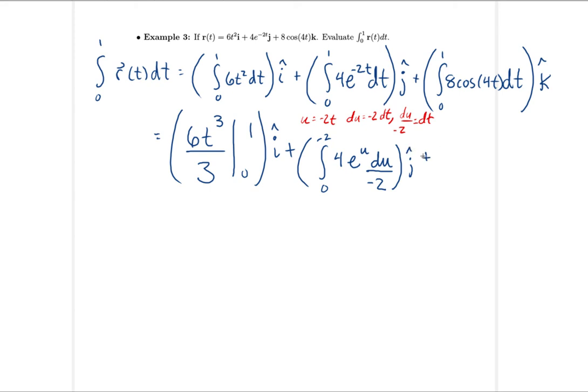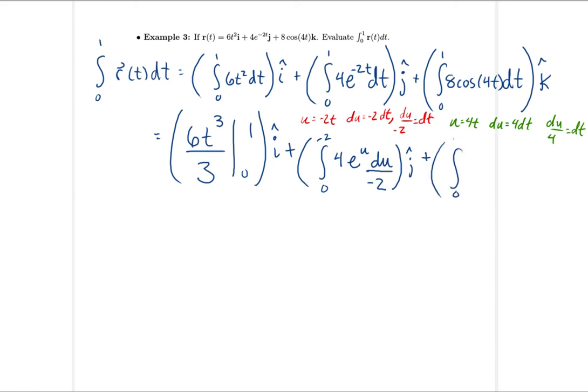And then I think to be safe, we should also do some u substitution over here, right? So the cosine of u is nice and simple, so u can be 4t. du equals 4 dt. So du over 4 equals dt. And again, we don't forget to change our limits of integration.